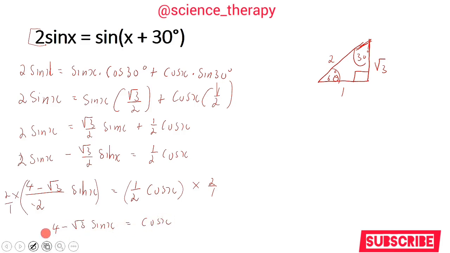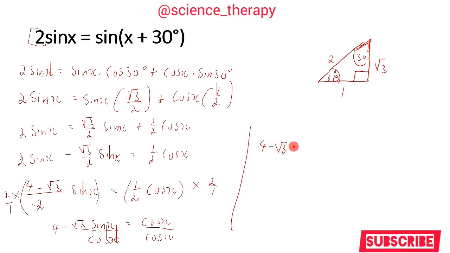Now at this point we can see that we can make this a tan type by just dividing by cos x. So divide by cos x. Now what are we going to have here? We're going to have 4 minus root 3 tan x is equal to 1.